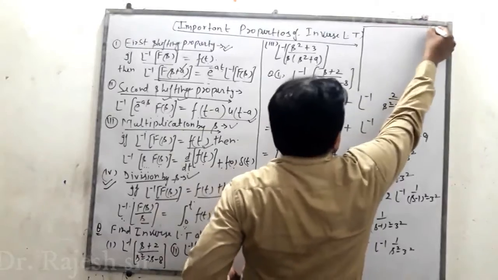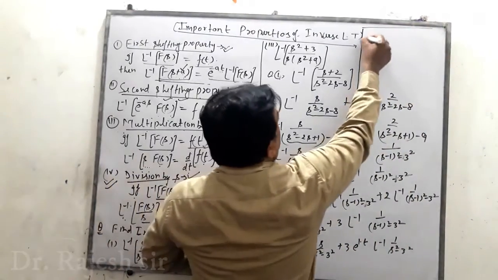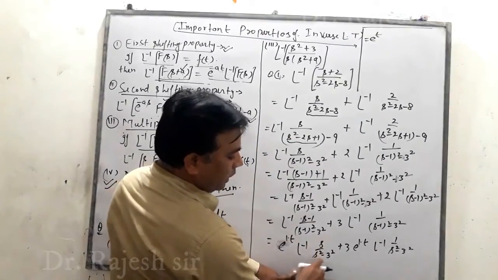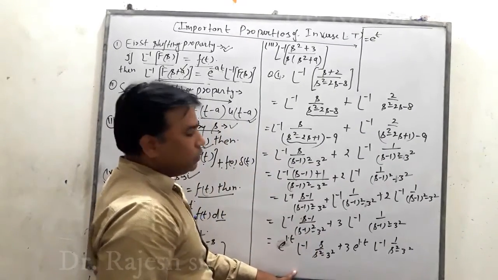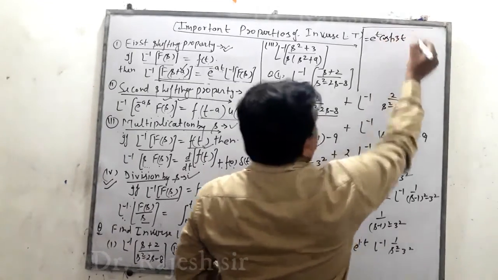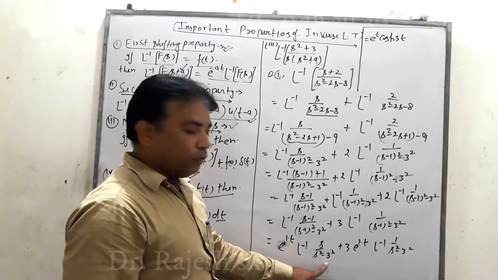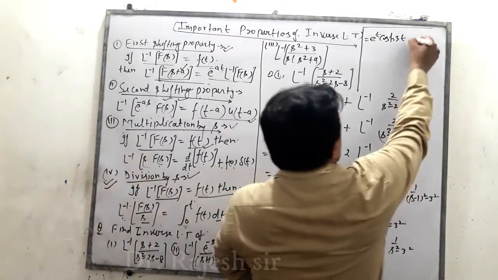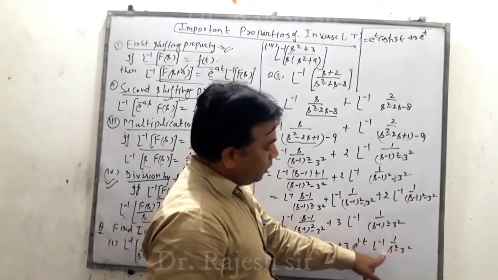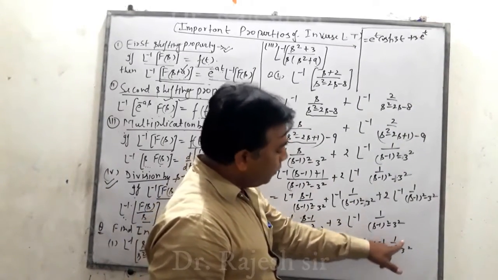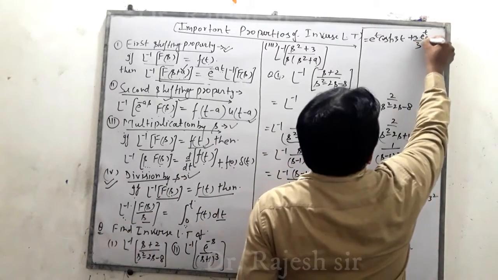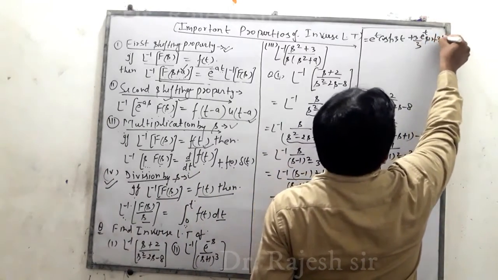Laplace inverse of e to the power t times s upon s square minus a square gives cos hyperbolic 3t, plus 3 e to the power t times 1 upon s square minus a square, which is 1 upon a sin hyperbolic 3t, so 1 upon 3 times 3 sin hyperbolic of 3t.